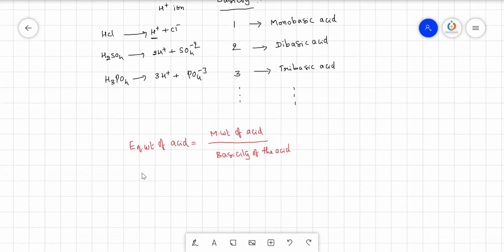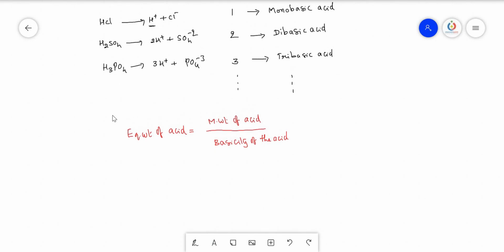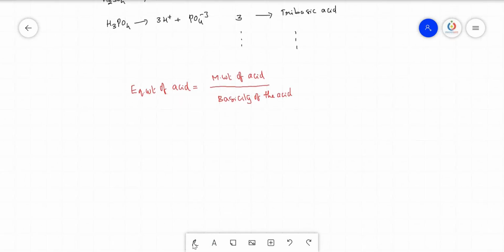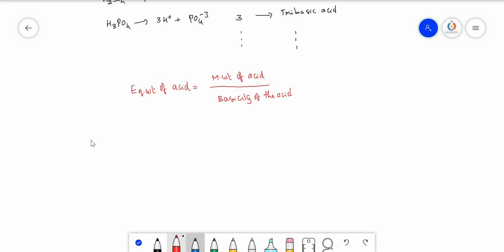Now let's calculate the equivalent mass of these acids. First, the equivalent mass of HCl. Example 1: equivalent mass of HCl is equal to molecular mass of HCl, 36.5, divided by basicity 1. So its equivalent mass is equal to its molecular mass, that is 36.5 grams.